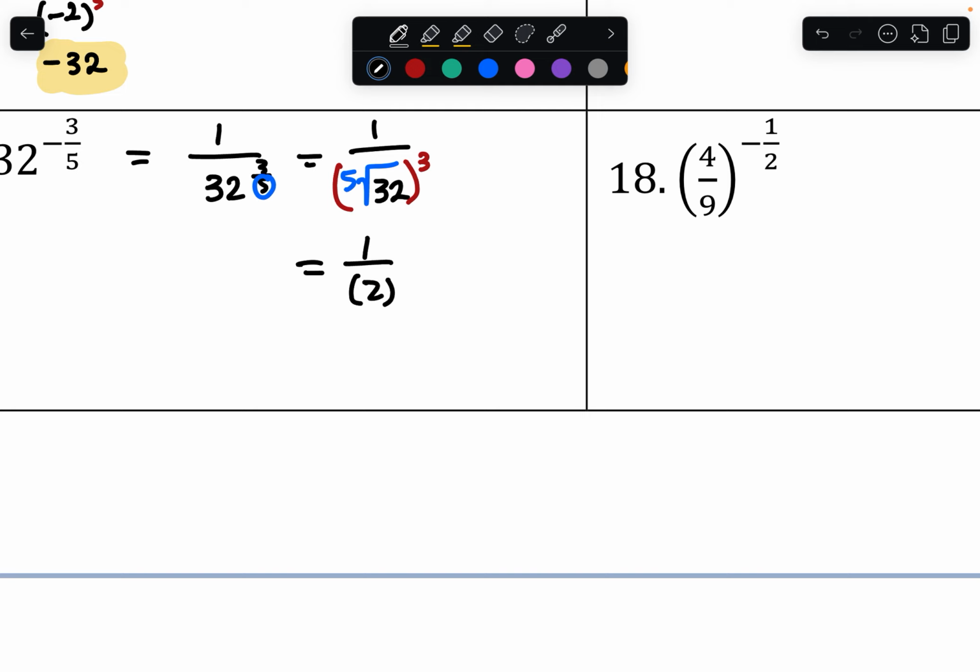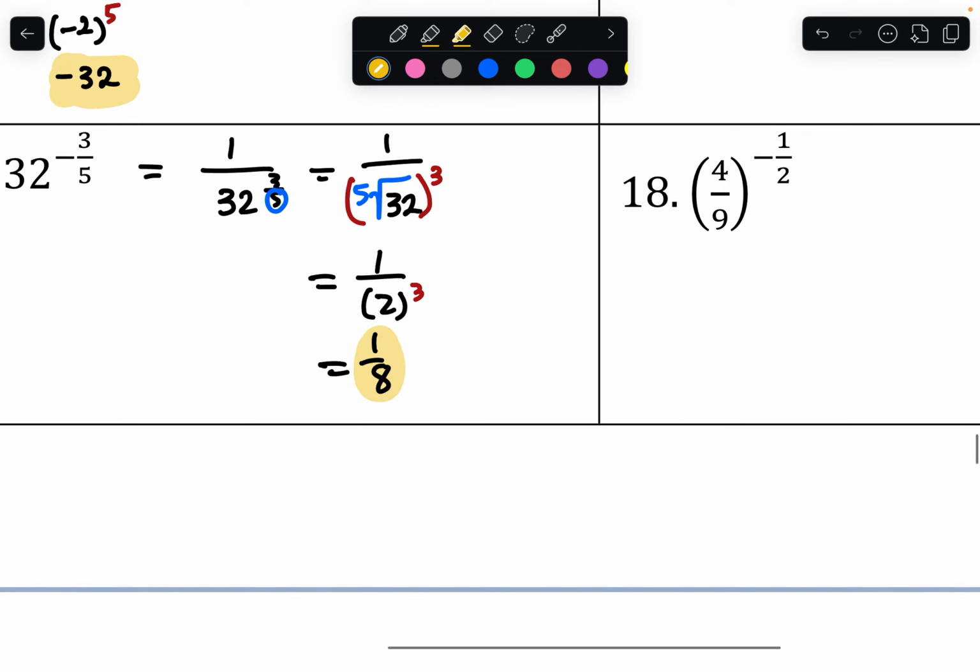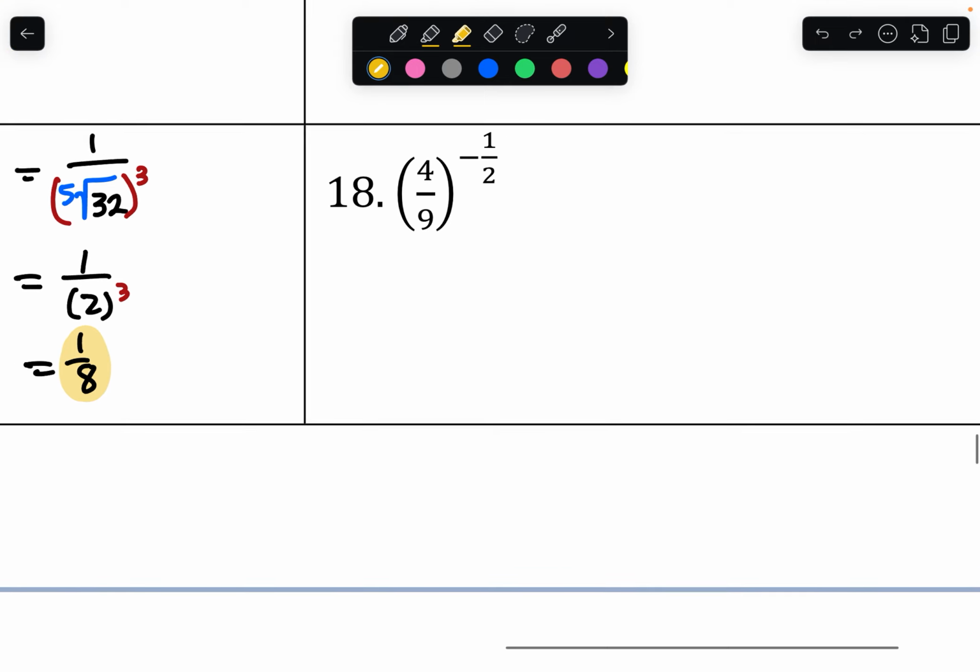So 2, and then 2 to the 3rd power is 8. A lot of these may seem intimidating to do in your head, but the more you do the practice, the ones that are going to show up on the test are the ones you've seen in the practice. So we know by now 2 to the 5th is 32. If you didn't know that before, you know it now.